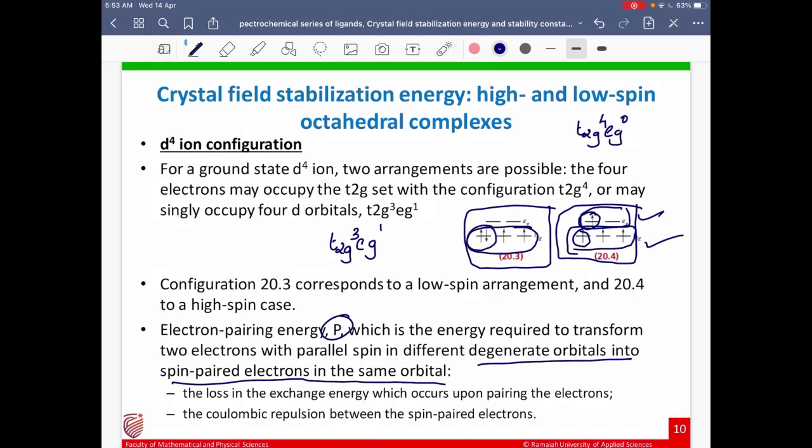The energy required to transform this arrangement into this arrangement is known as electron pairing energy, P. To pair the electrons, a loss in the exchange energy occurs, and there is Coulombic repulsion between the spin paired electrons. These are the factors which determine the electron pairing energy.